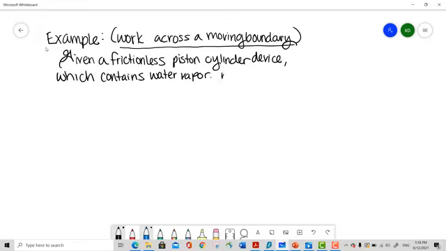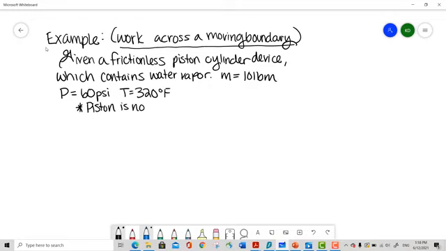And here are our givens: 10-pound mass, pressure 60 psi, and then temperature of 320 degrees Fahrenheit. Some additional information is the piston is not attached to a shaft.